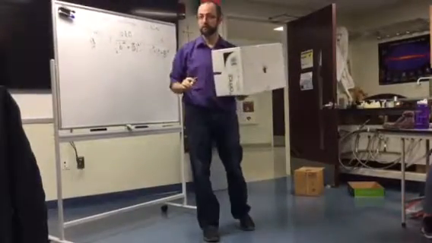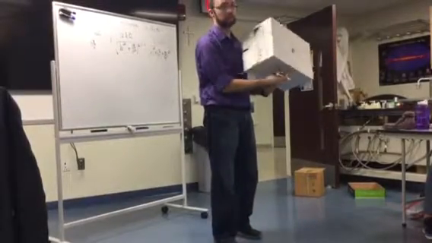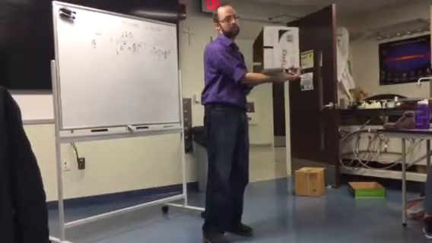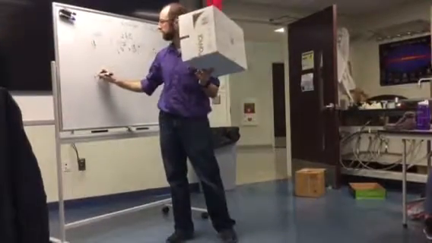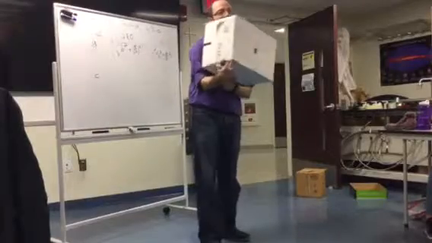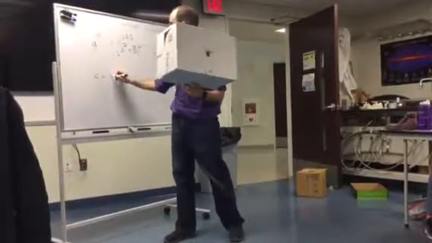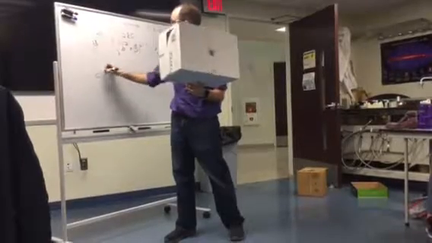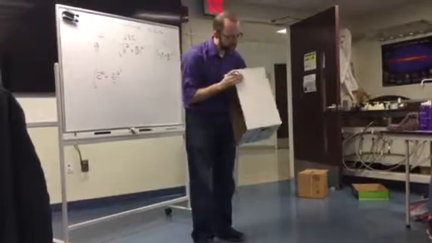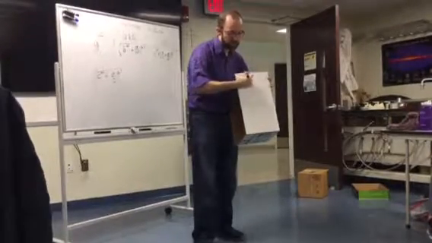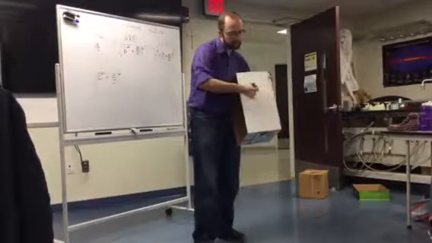Okay. Now I need to get from this back corner to the edge. From here to here. How far? So that's c. And then I need to get from here to the middle. How far is that? A over 2. So I had to go up c, down a over 2 to give me that diagonal.